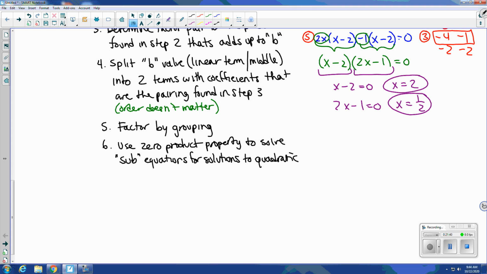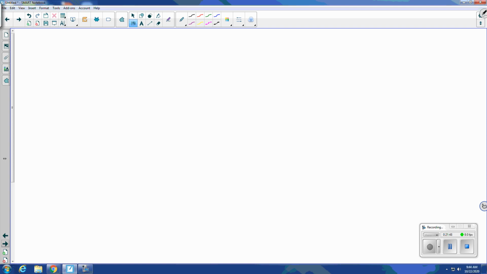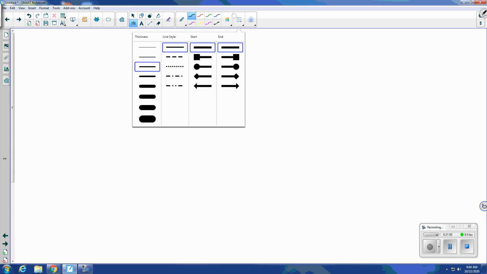So there's your step-by-step. I'm going to do a couple more examples if you need to see some others. In fact, I recommend that you look at these examples. So let's do two more.